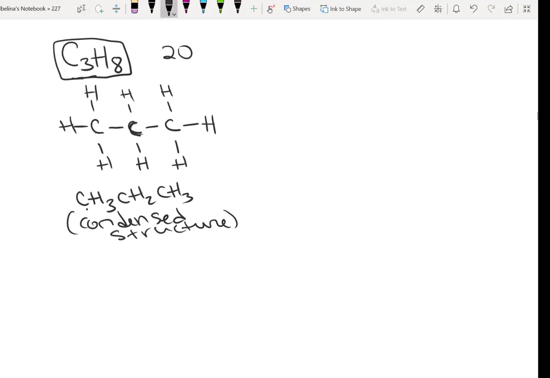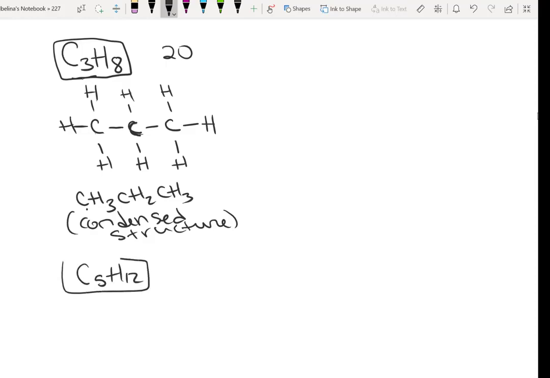I know that because I satisfy the octet of every carbon, and I use C3H8, it has to add up to 20, okay? If I had not drawn each carbon with 4 bonds, then there would have been room for a mistake here. But it has to be 20 electrons because each carbon has an octet, and I've used every atom in the formula.